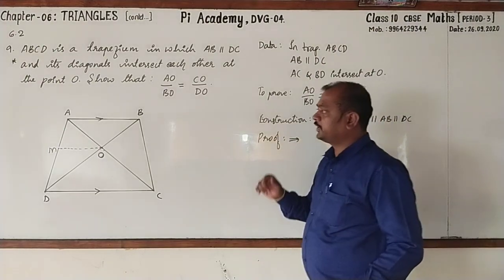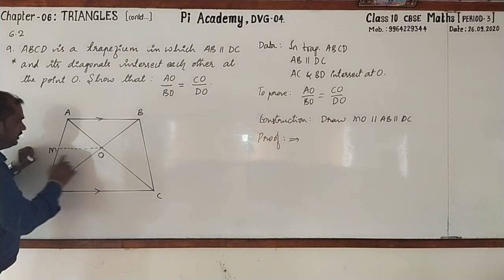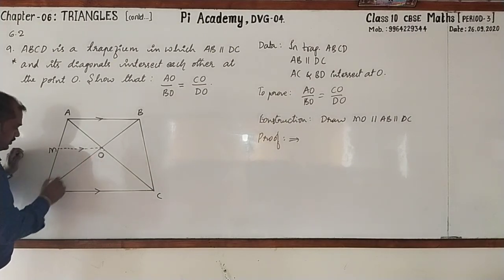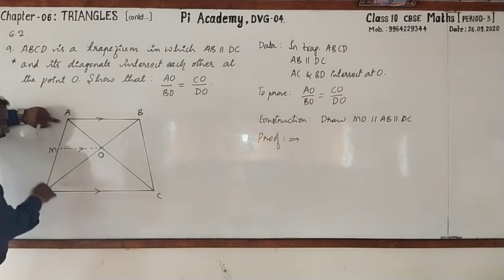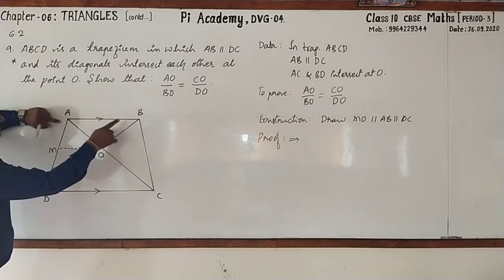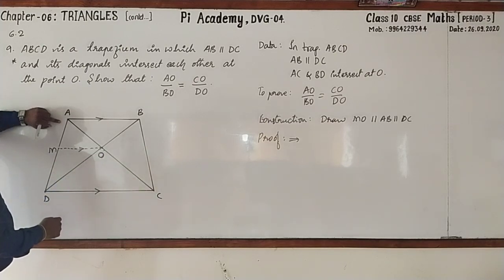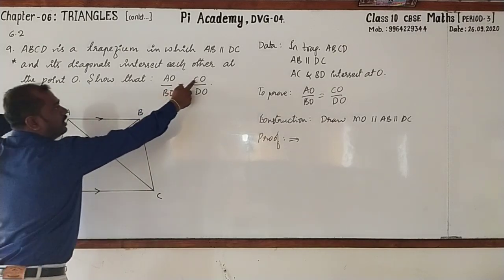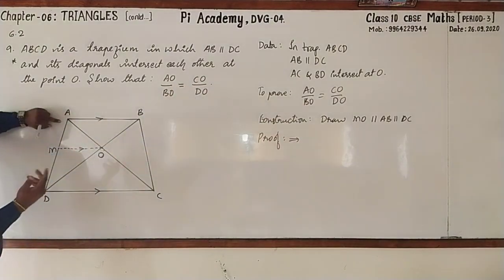Before that, I'll just explain. Look here. As we have drawn the line parallel to DC or AB, we can take the triangles one by one. We want AO by BO and CO by DO. Can we take AO by CO? Definitely, because on cross multiplying, AO by CO is equal to BO by DO. Again, we will get the same.